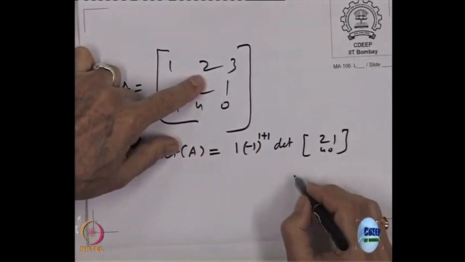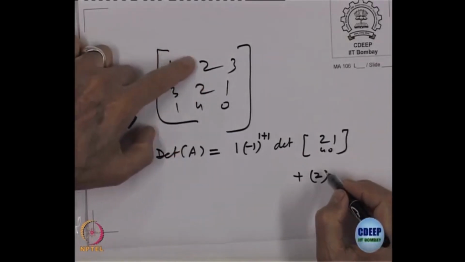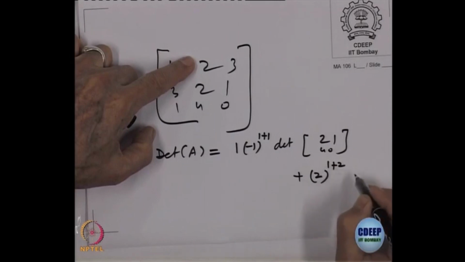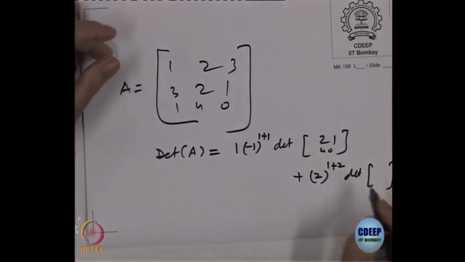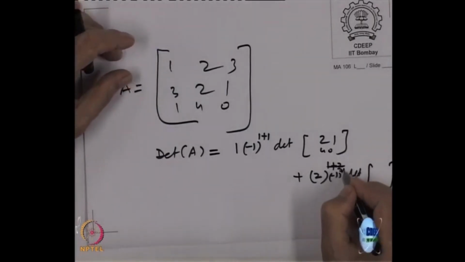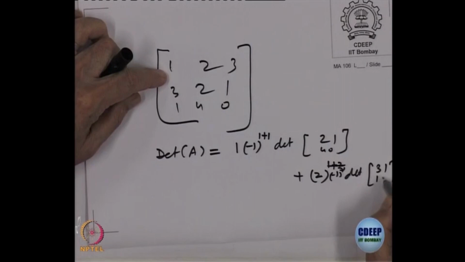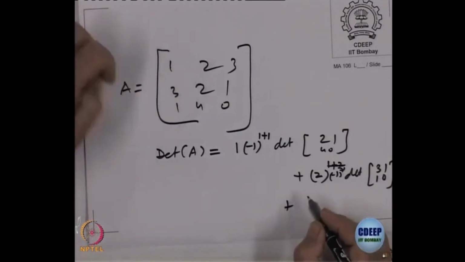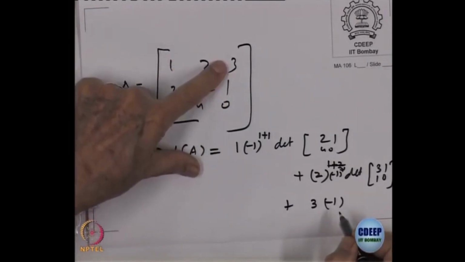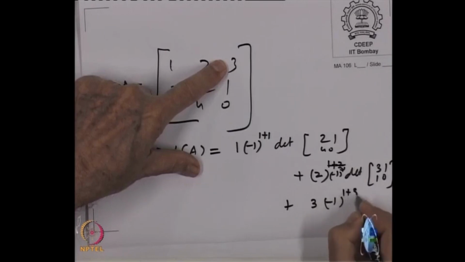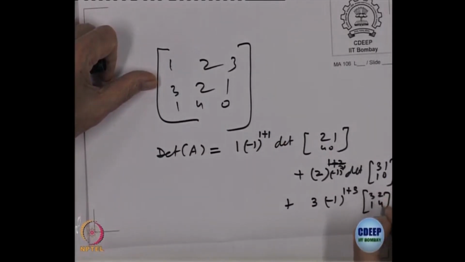Next one 2, so plus 2 into minus 1 raised to power 1 plus 2, into determinant of, that row is gone, that column is gone, it is 3 1 1 0, plus the next coefficient is 3 multiplied by minus 1 raised to power first row third column, multiplied by determinant of, that row is gone, that column is gone, it is 3 2 1 4, right.